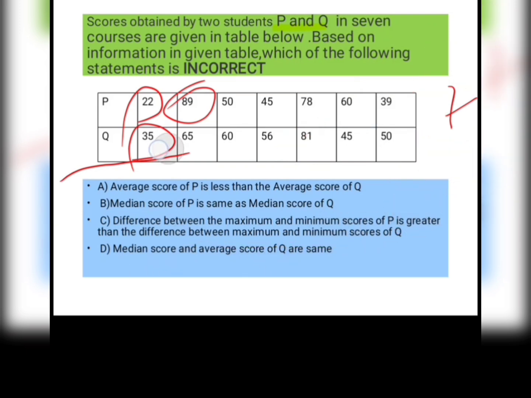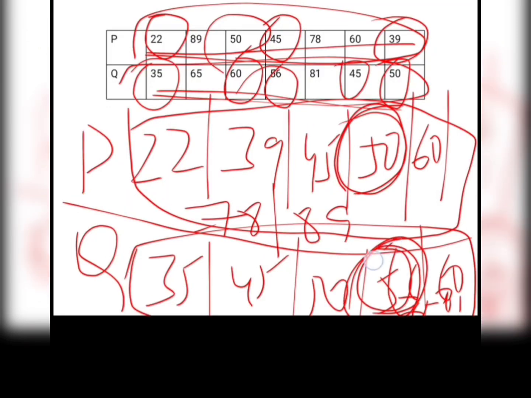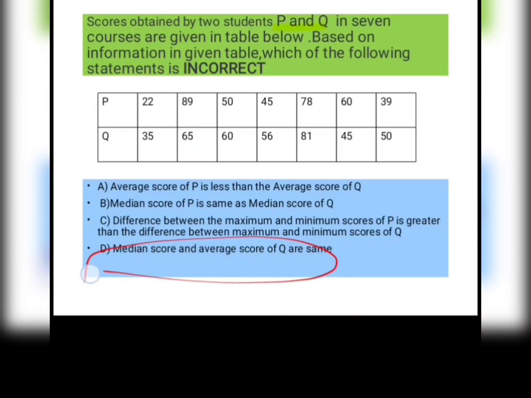Let's check the other statement. Median score and average score of Q are the same. Median score of Q is 56 and average score of Q is 56. So, the fourth statement is also right.